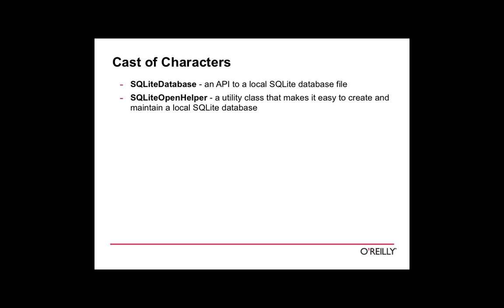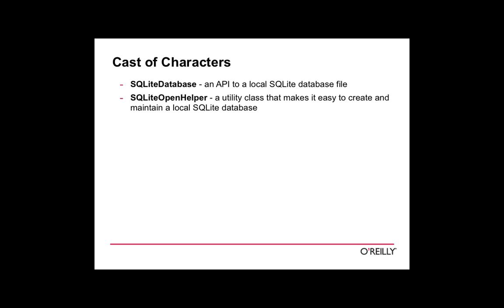And the way you make it easy to access and work with that SQLite database is through something called a SQLiteOpenHelper, which makes it easy to deal with the database in a couple of different common states, like, say your application is just starting off, you won't have a database created unless you choose to ship with a database.